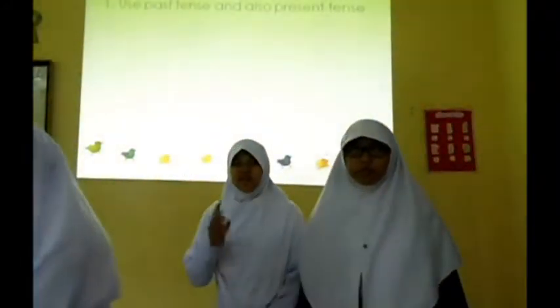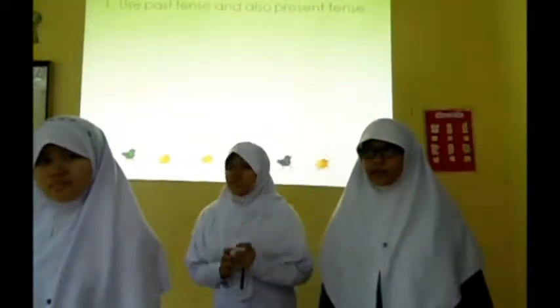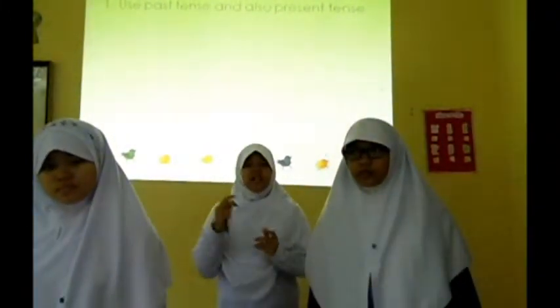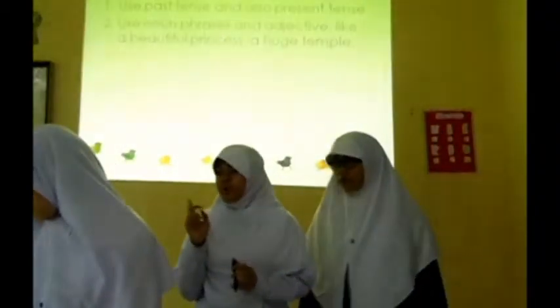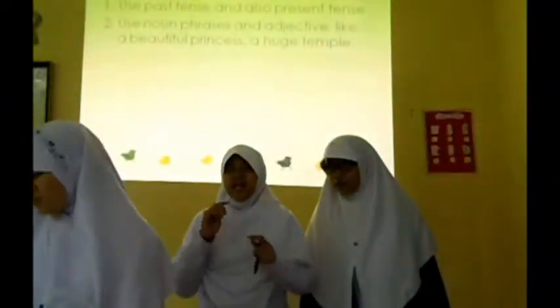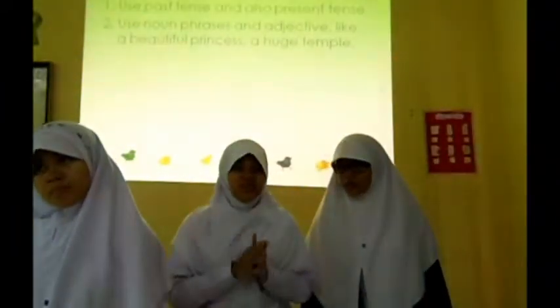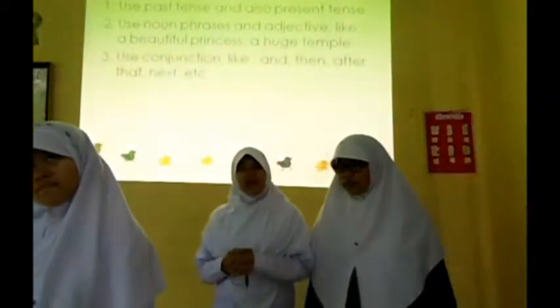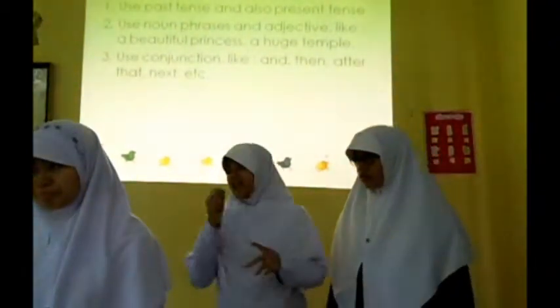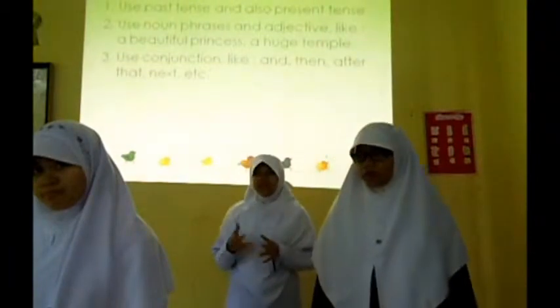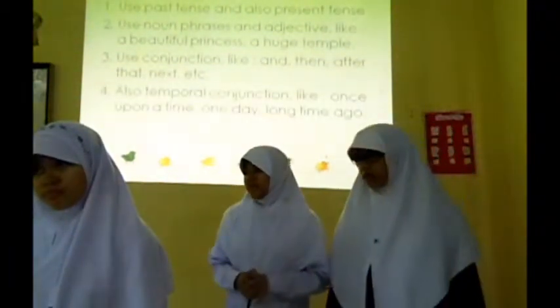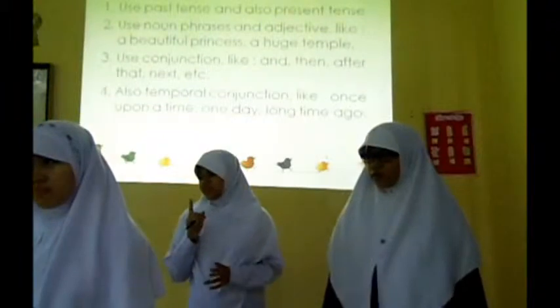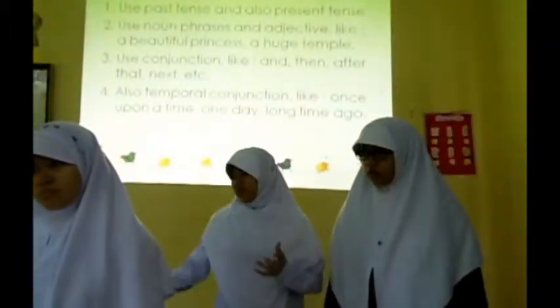Then we go to the language feature. The first is we can use past tense and also present tense. Then the second is use noun phrases and adjectives like a temple or a beautiful princess. And then use conjunctions like then, and, after that, next, etc. And also temporal conjunctions like once upon a time, or one day, or a long time ago.